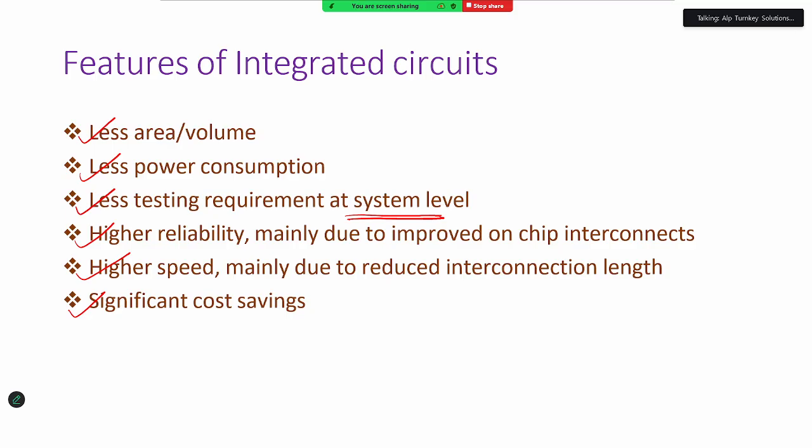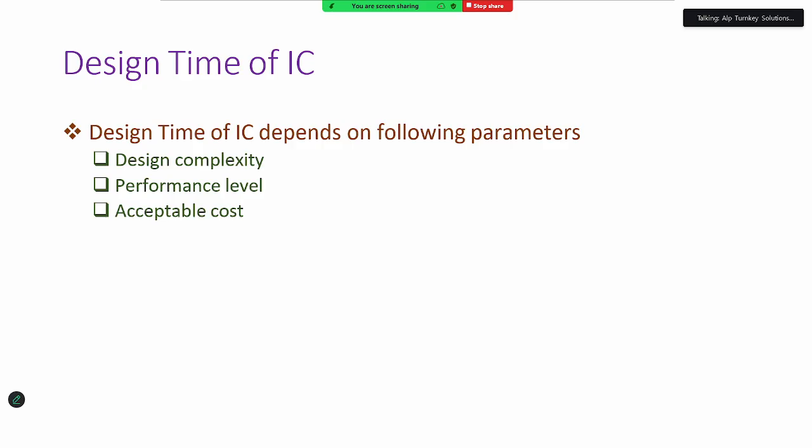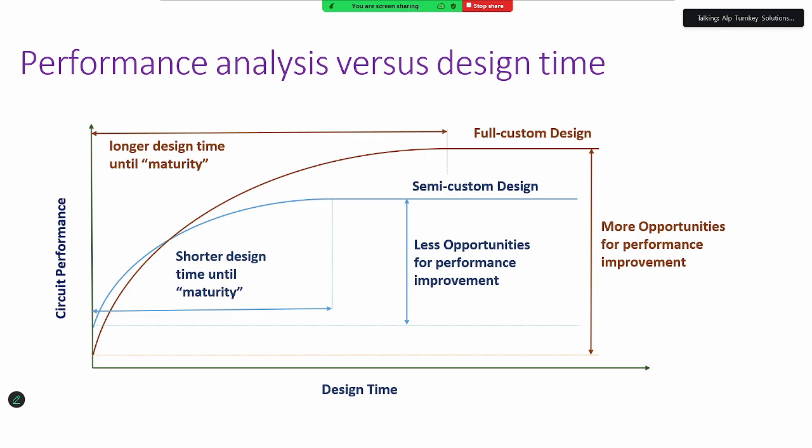Now if you see the methodology, this is VLSI design methodology: design time, performance, and technology window. We'll see. First, design time. For performance analysis, there are two types: full custom design and semi custom design.